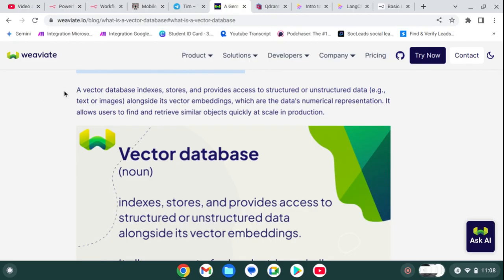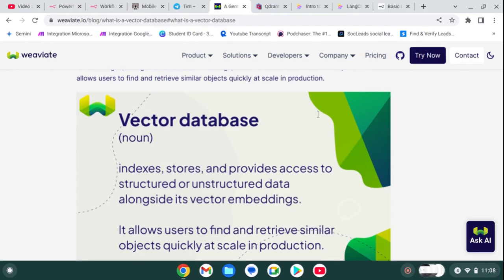So here is the definition. A vector database indexes, stores and provides access to structured or unstructured data, for example text or images, alongside its vector embeddings, which are the data's numerical representation. It allows users to find and retrieve similar objects quickly at scale in production.